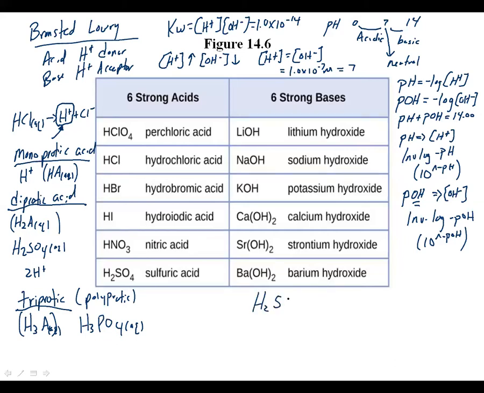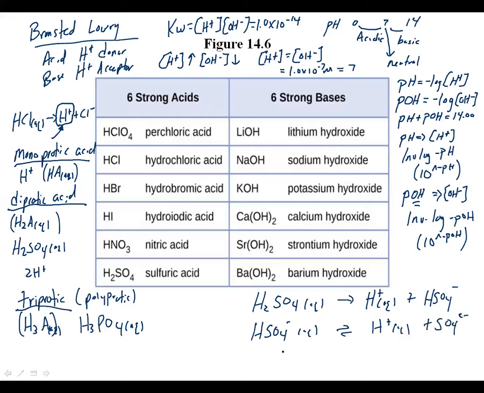Again, what's first going to happen is our H2SO4 will drop off that first H+ and make our HSO4-, which will then drop off the second H+ and make our sulfate. So as we were talking about with acid-conjugate base pairs, that is why this one and this one are a pair, and that's why this one and this one are a pair.